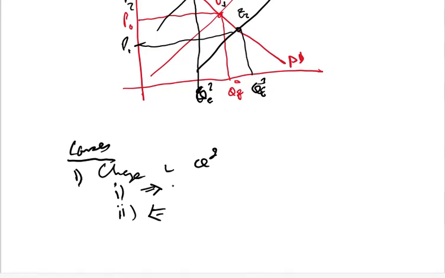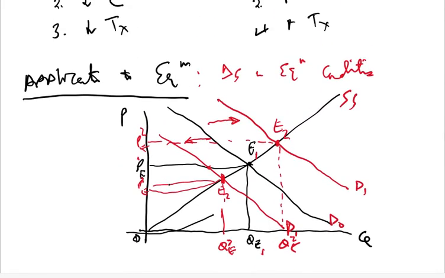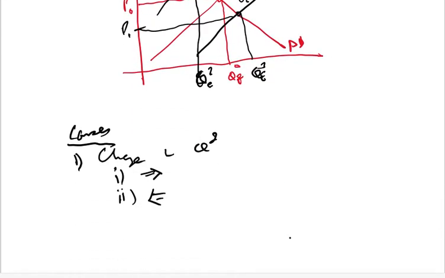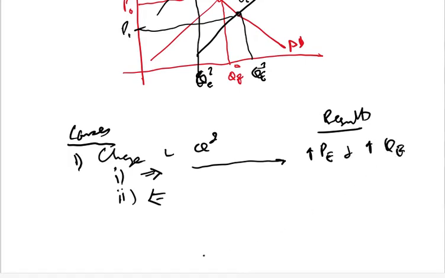And we know that when there is a rightward shift in demand curve, equilibrium price increases and equilibrium quantity also increases. So it's worth noting, we can put the results here of each cause. So this implies that there will be an increase in equilibrium price and an increase in equilibrium quantity.